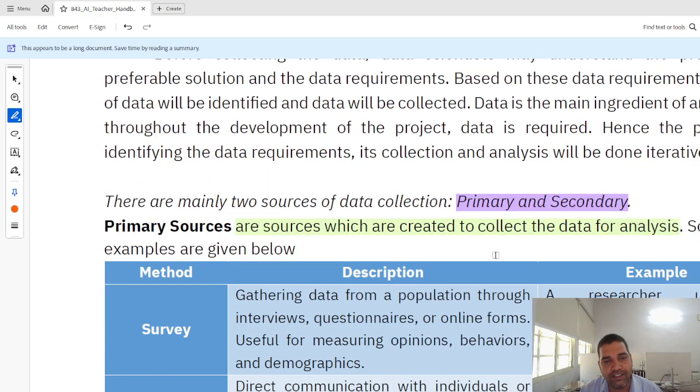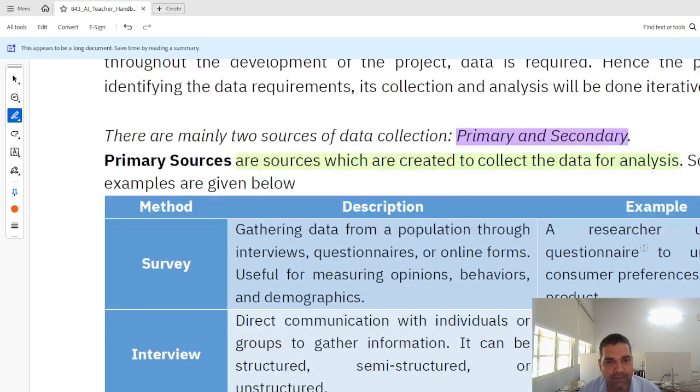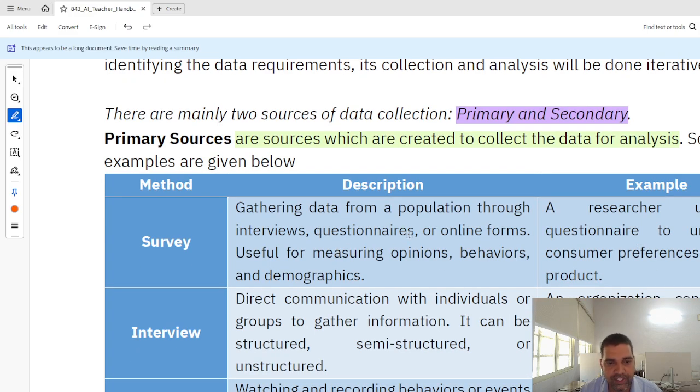Next, from where do we collect these data? There are two sources of data collection: primary source and secondary source. Primary sources are those through which we collect the data ourselves for the data analysis. How? Through a survey form. We gather data from a population, through questionnaires or online forms that we circulate.